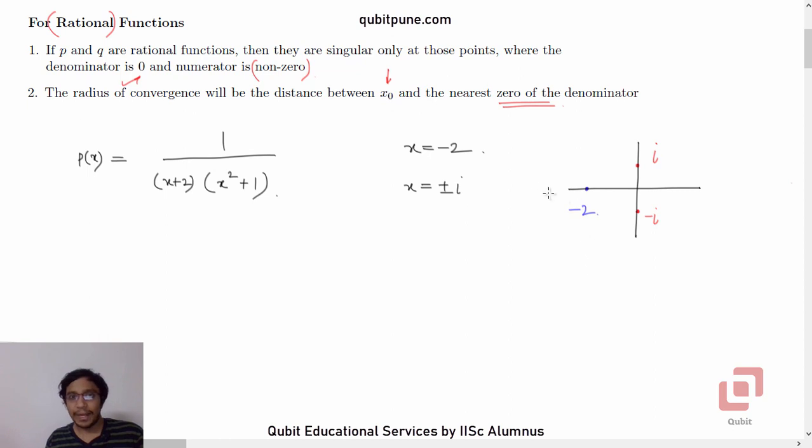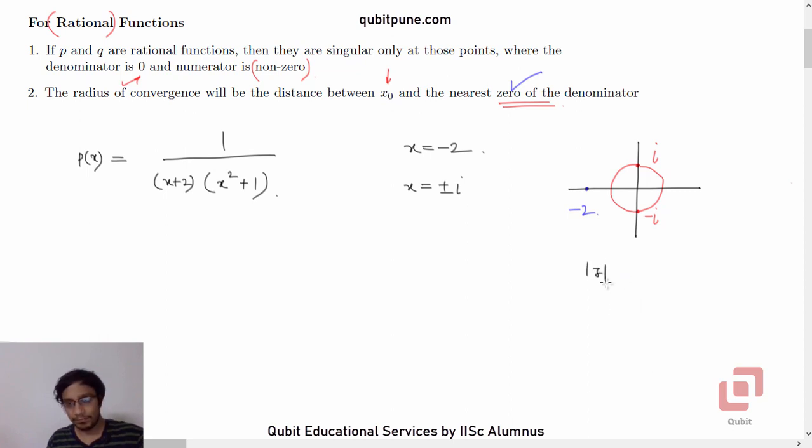So actually the radius of convergence is not equal to 2, but it is actually equal to 1, because the nearest 0 of the denominator is not minus 2, it is i. So the circle of convergence, or the region of convergence, is going to be the unit circle.